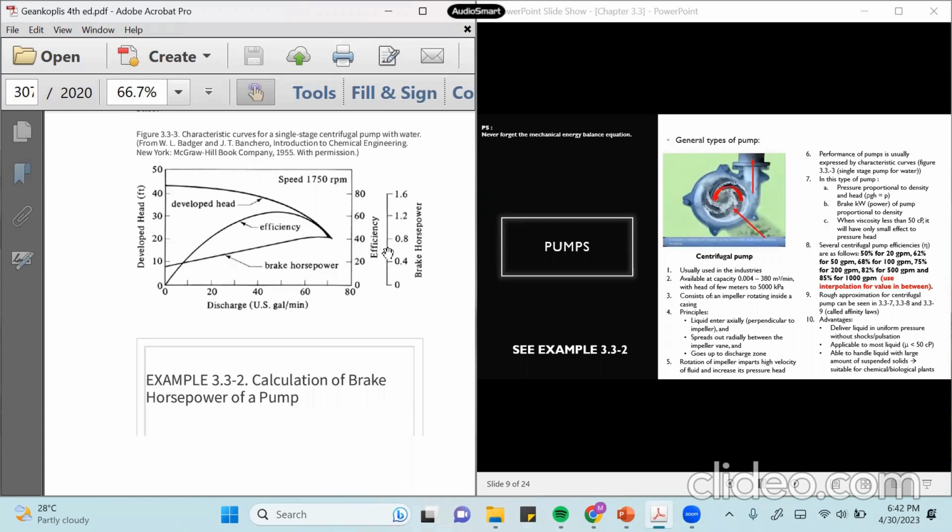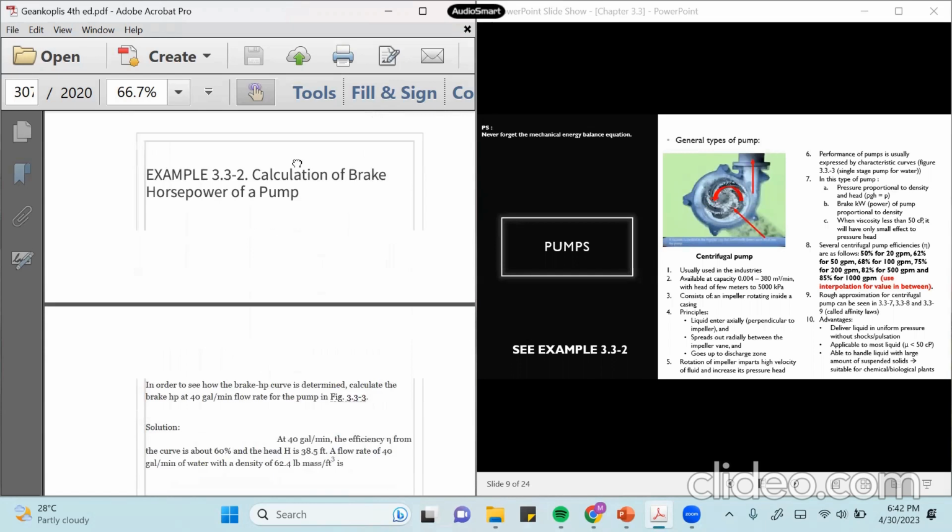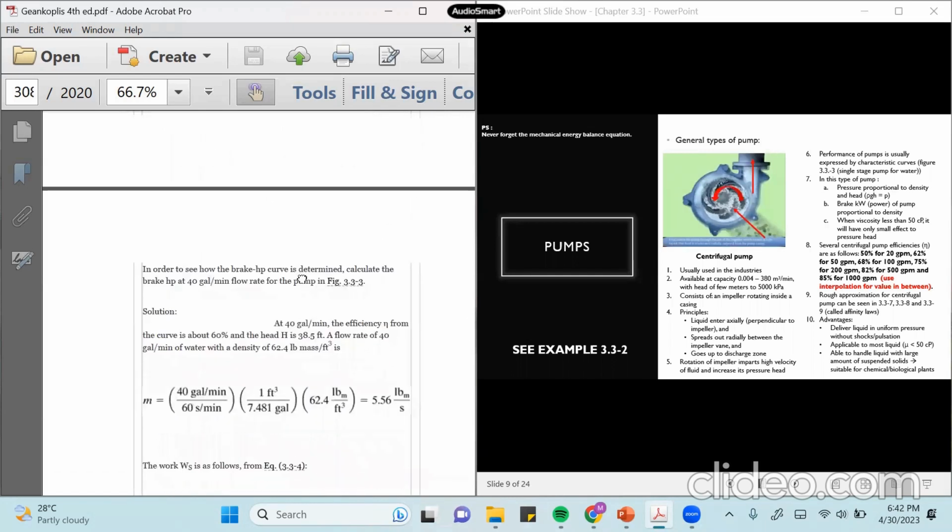And if I also draw a vertical line up until it meets the developed head curve, then I can get the developed head value. It's 38 point something, and the brake horsepower is around 0.6.